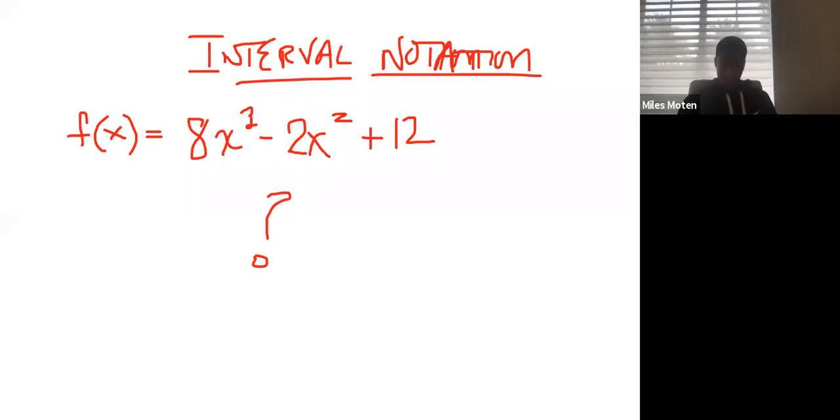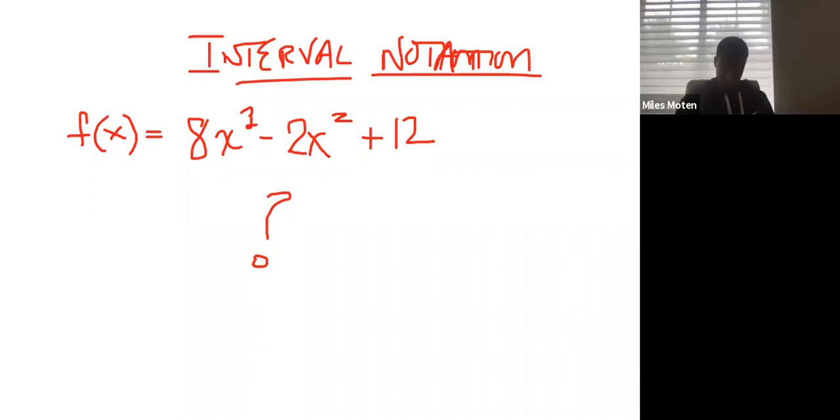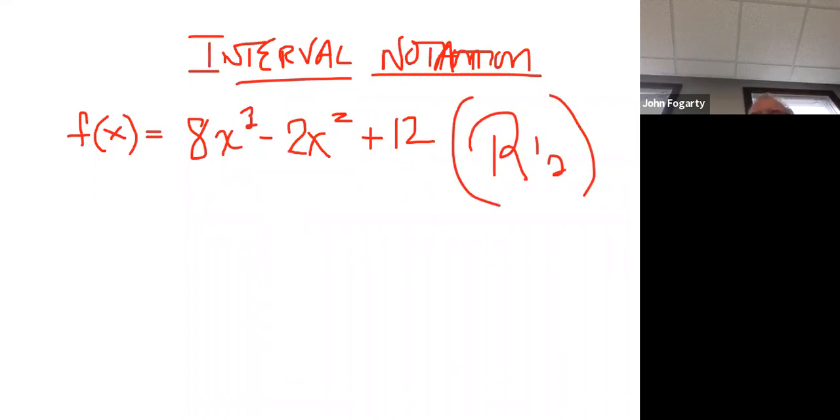No. Do you see a variable under a radical? No. I don't see any values that I can't use in this picture. Does that make sense? All righty. So what does that look like? All real numbers. There's your domain, all the reals.